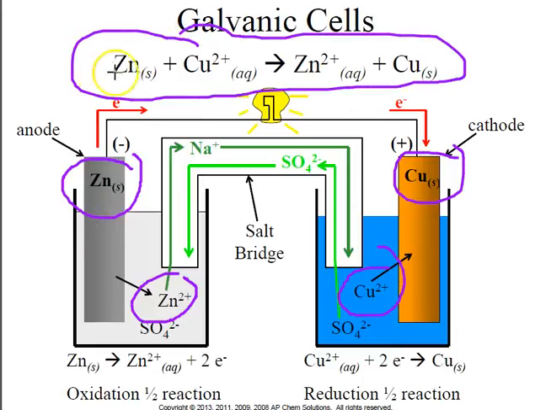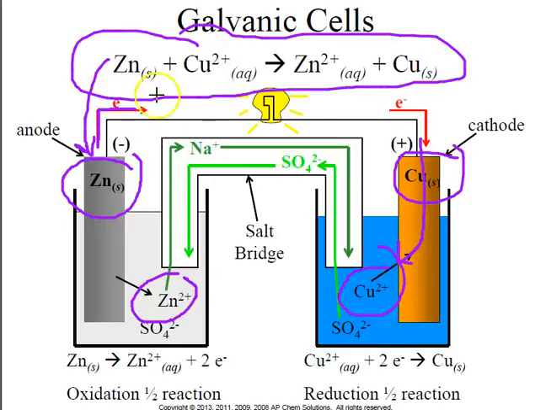The zinc over here on your left is losing electrons. Those electrons are leaving the zinc. The copper ion down here in solution is gaining those electrons as they travel through this piece of metal, and that's forming copper solid.